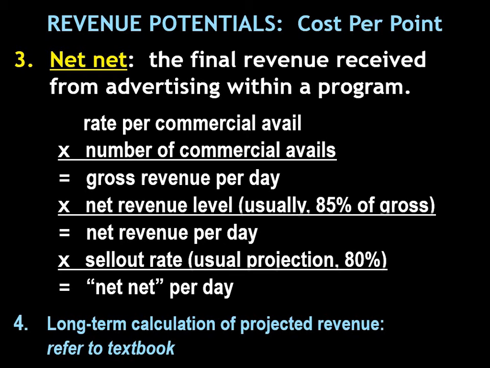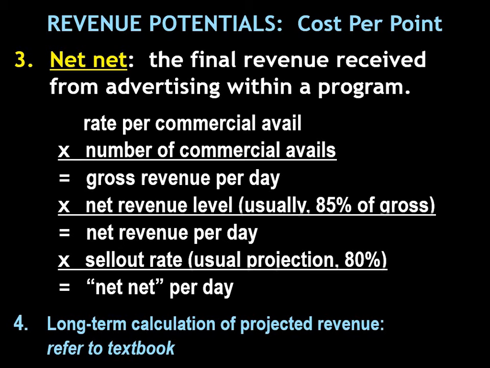That's kind of the accepted value that tends to be paid out to salespeople and to advertising agencies. So the net revenue level on the station side is going to be the remaining 85%. So you take the gross revenue times 85%, or times 0.85. That's your net revenue per day.